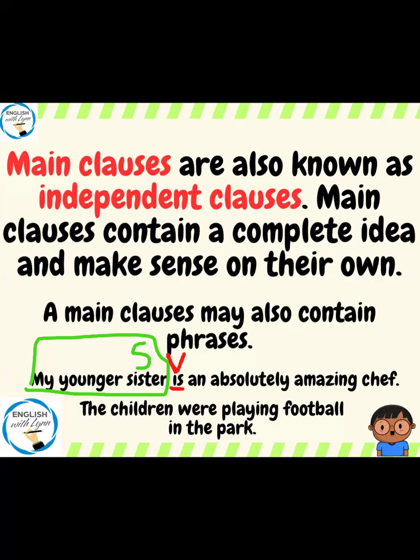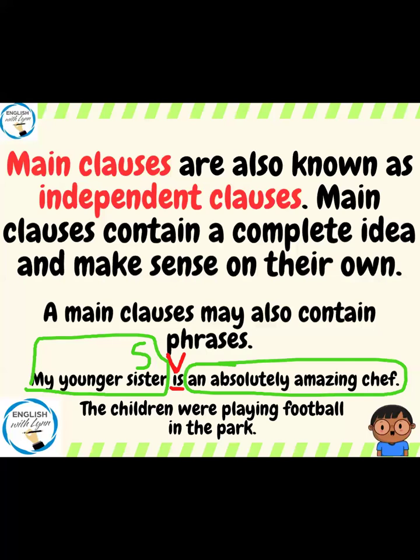And then at the end of the sentence, I have another noun phrase, an absolutely amazing chef. So this main clause is also a simple sentence. It has one idea, it makes complete sense on its own. There is a subject, the sister, and there is a verb, is.